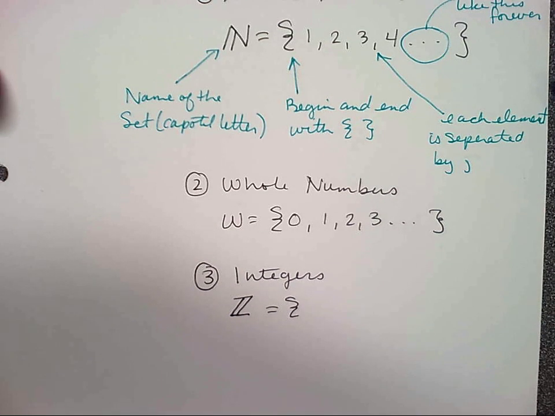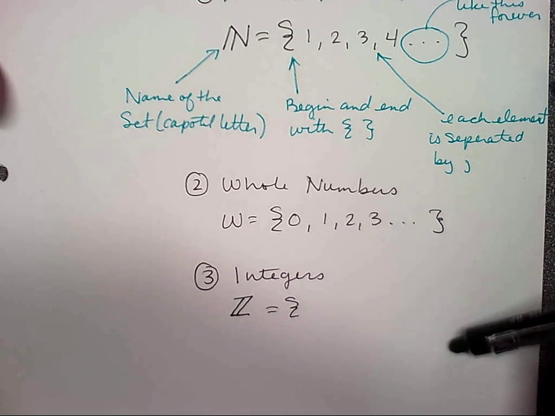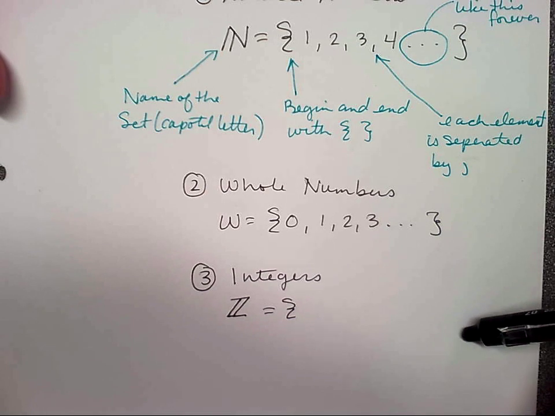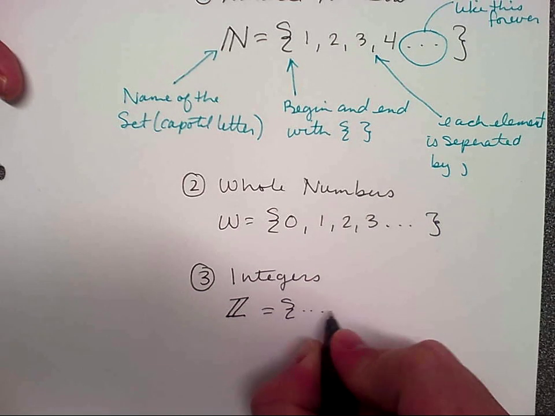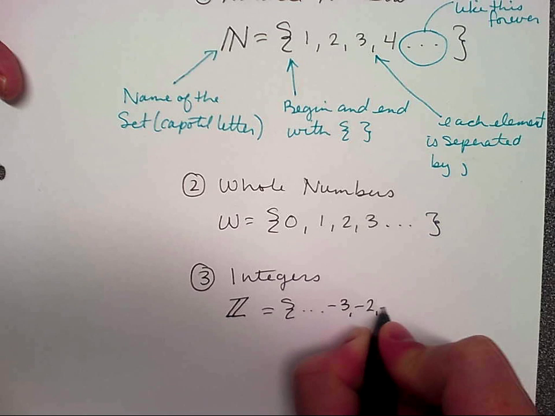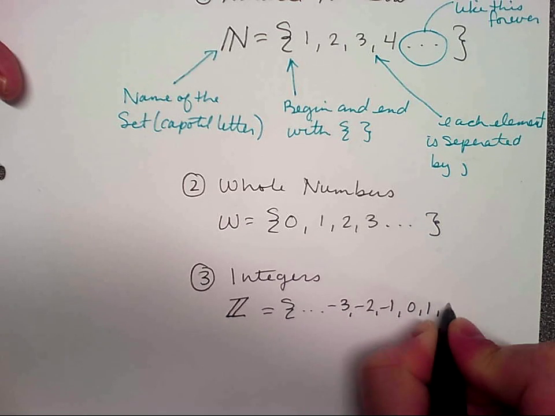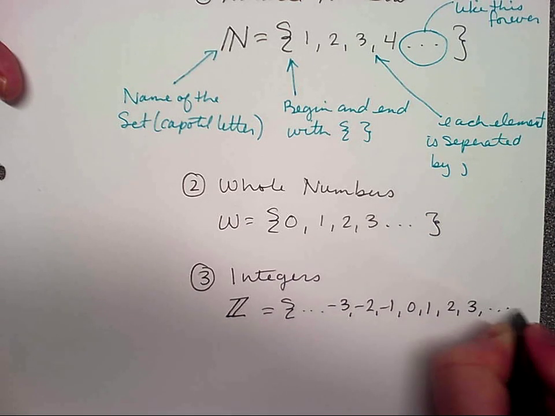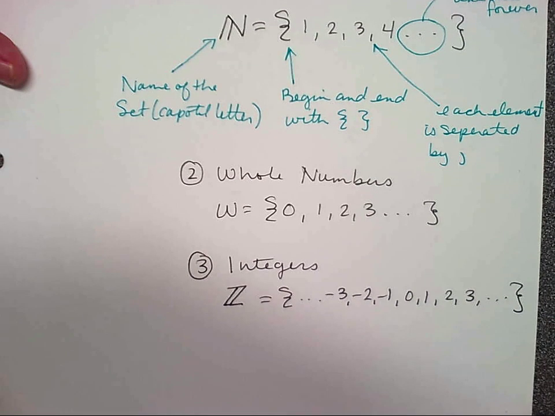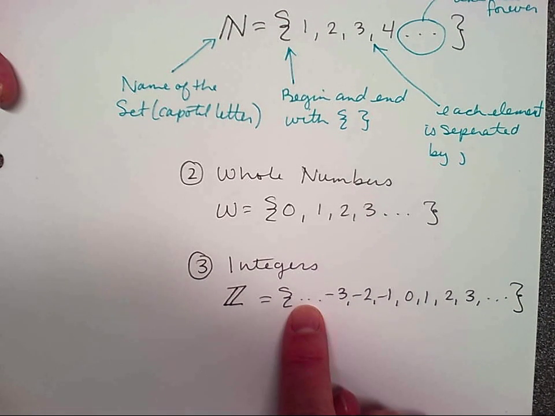So I can't list all of those out, so I need some dots, right? Can somebody help? Good. So the ... means it continues like that forever.